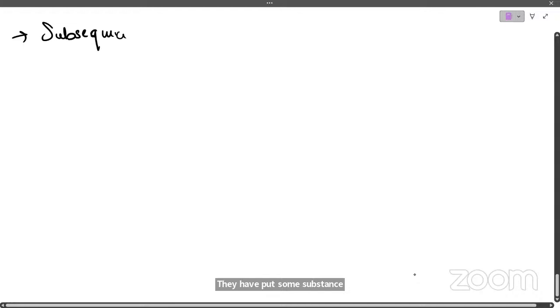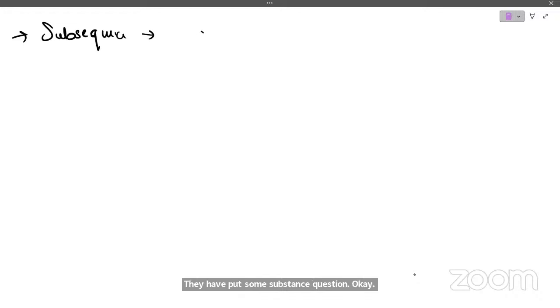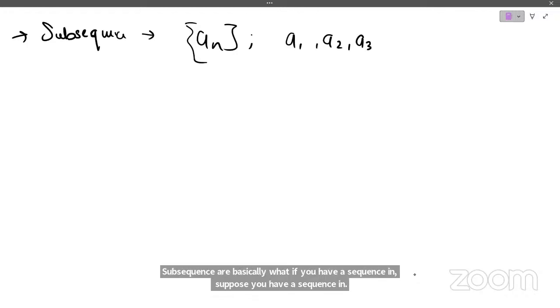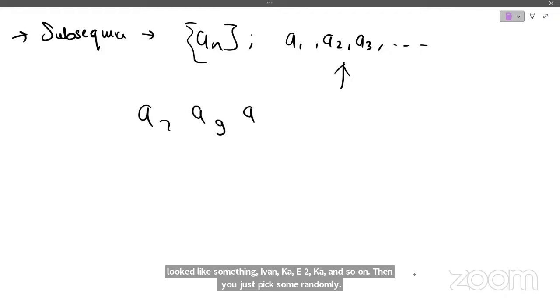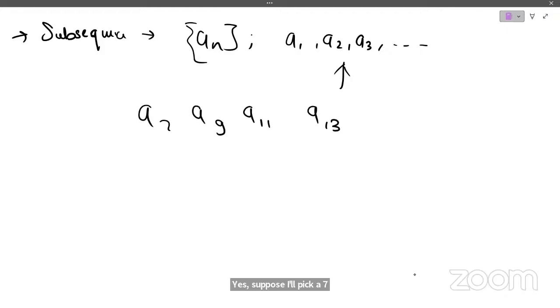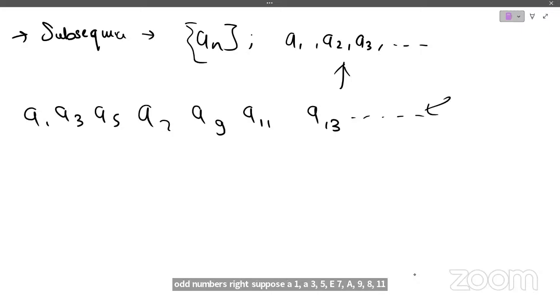Okay. Subsequences are basically this: suppose you have a sequence an. It looks like a1, a2, a3, and so on. Then you just pick some of the ais. Suppose I pick a1, a3, a5, a7, a9, a11, the odd numbers. In a similar fashion, this will become a subsequence of the sequence.